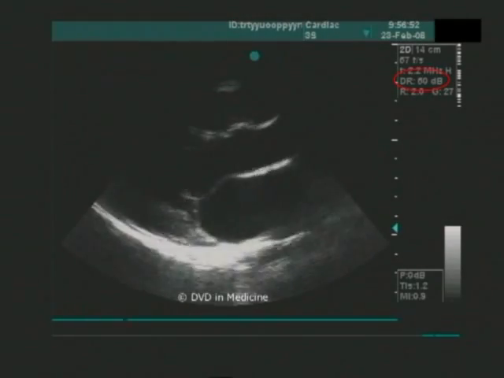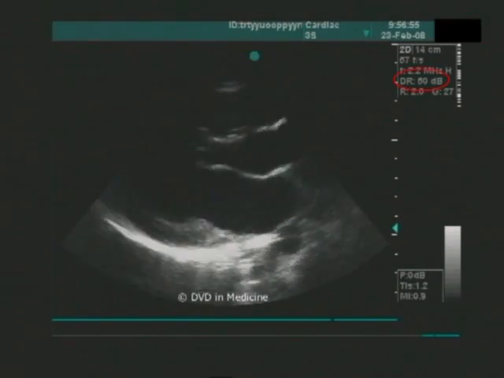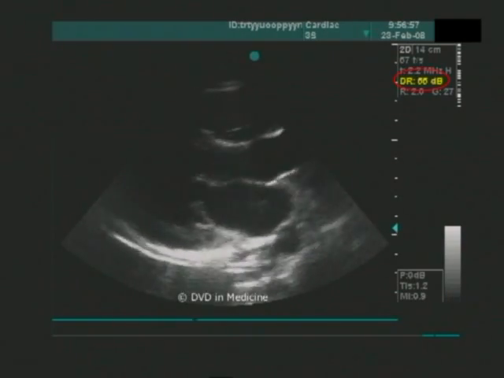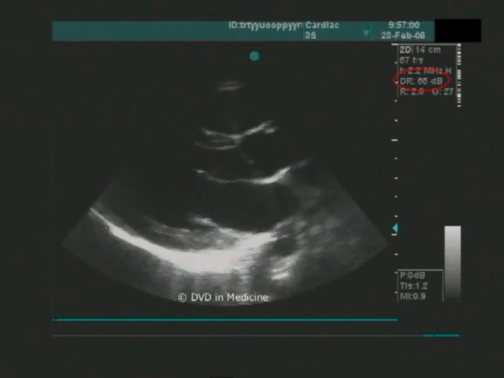In this clip, we demonstrate how the real-time ultrasound image will change when one increases the dynamic range to its optimal level.